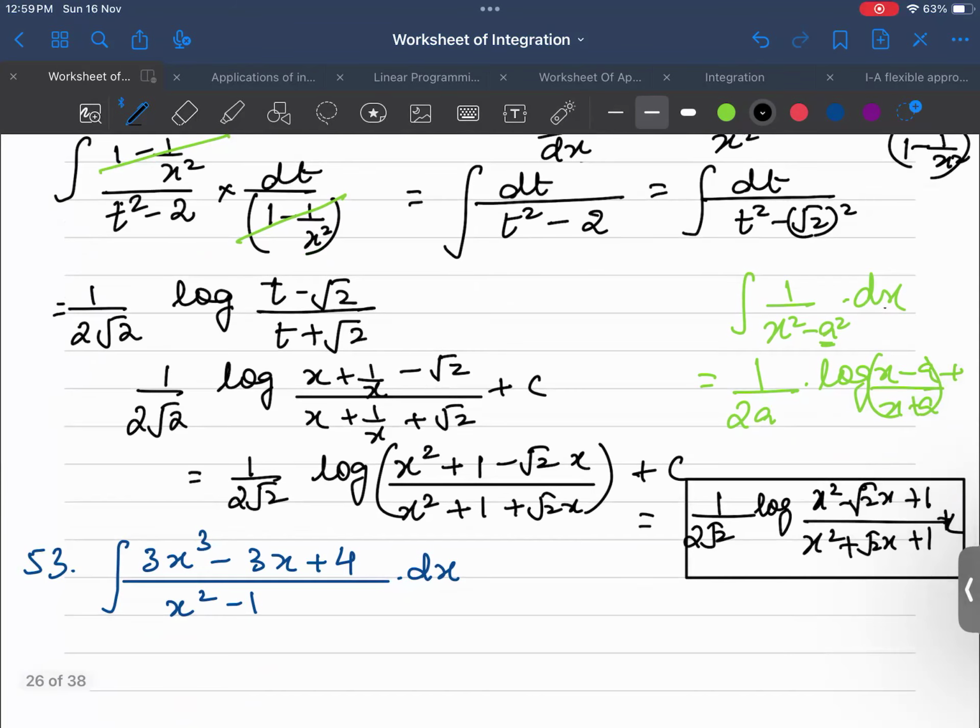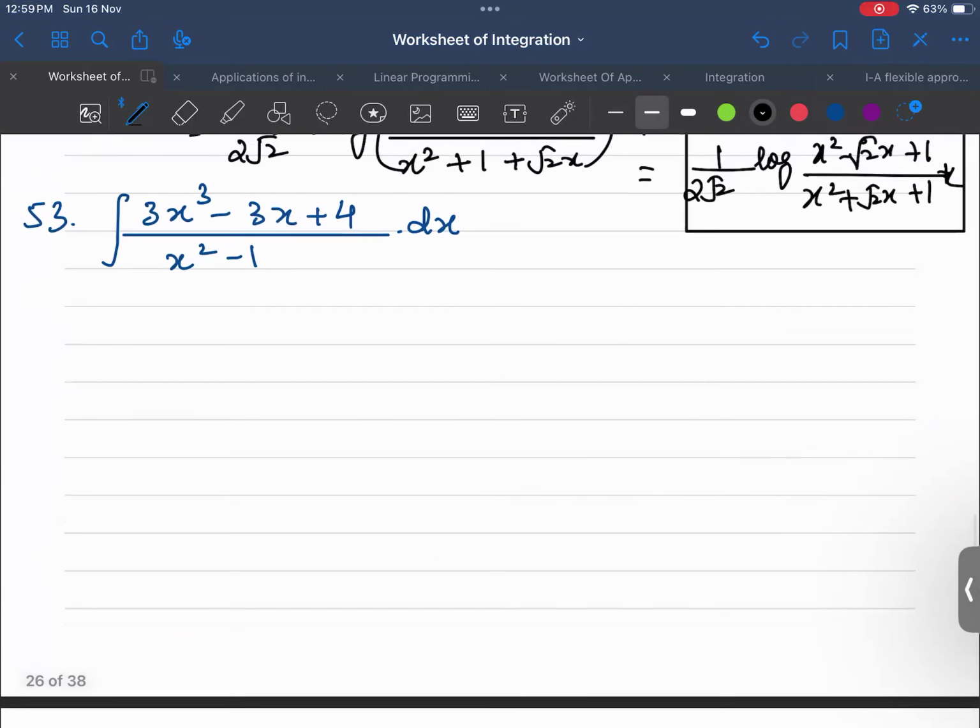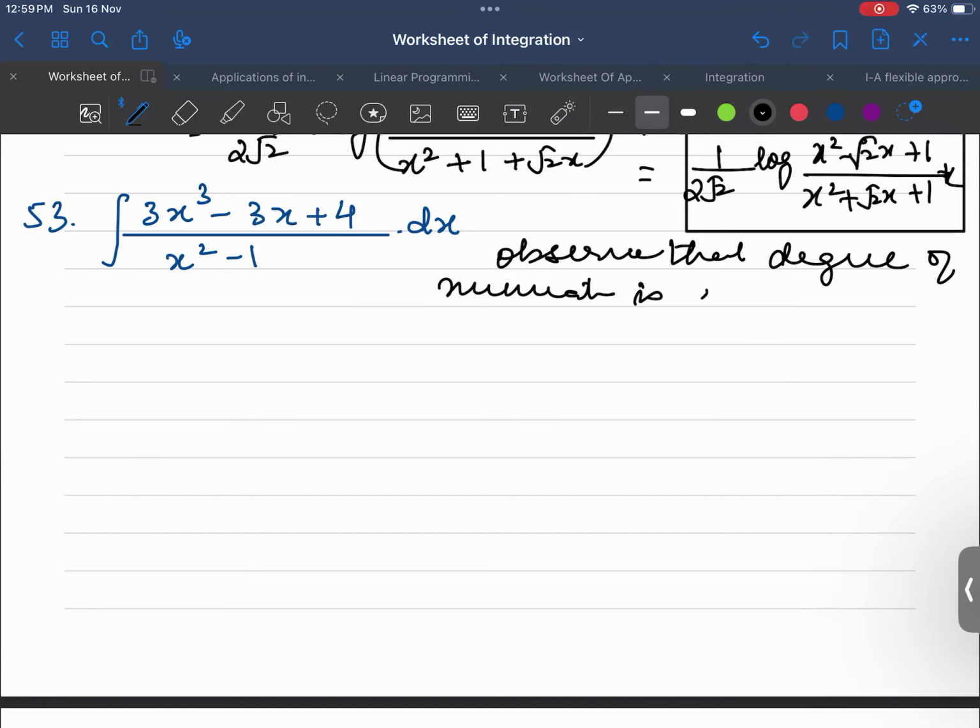Okay, one more question. 53, we will do it fast. Observe that the degree of numerator is greater than the degree of denominator.